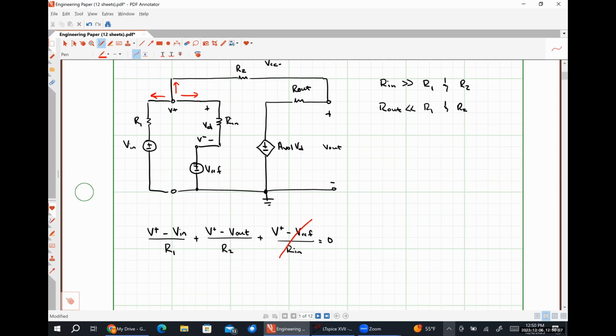Well, if there's practically no current flowing through my input resistance, then there's practically no voltage drop across my input resistance, such that V plus should realistically be pretty close to V reference.